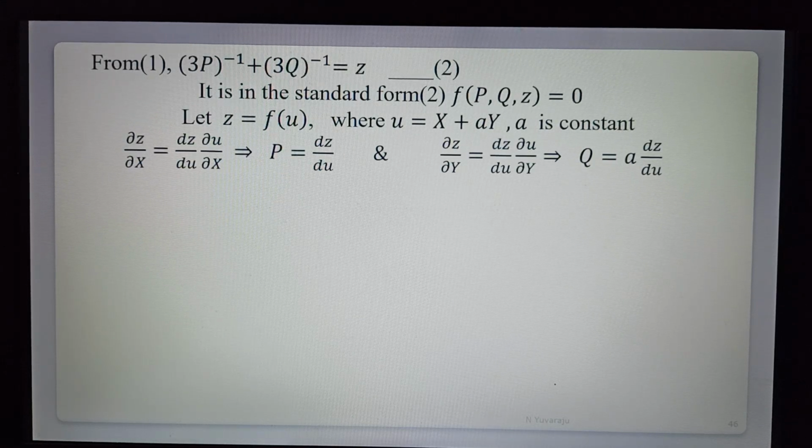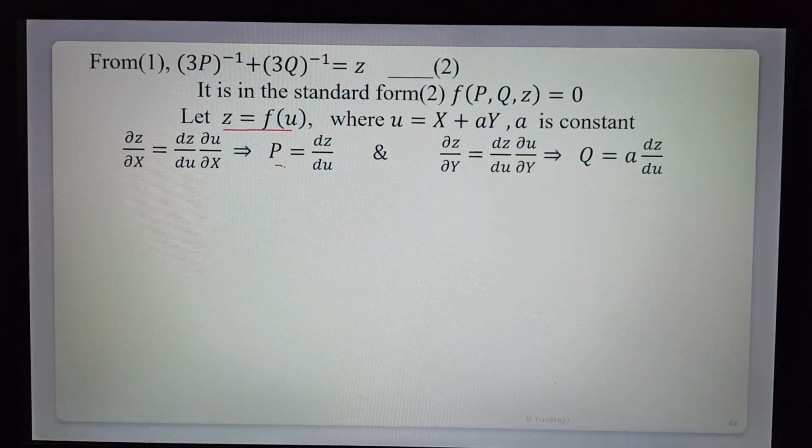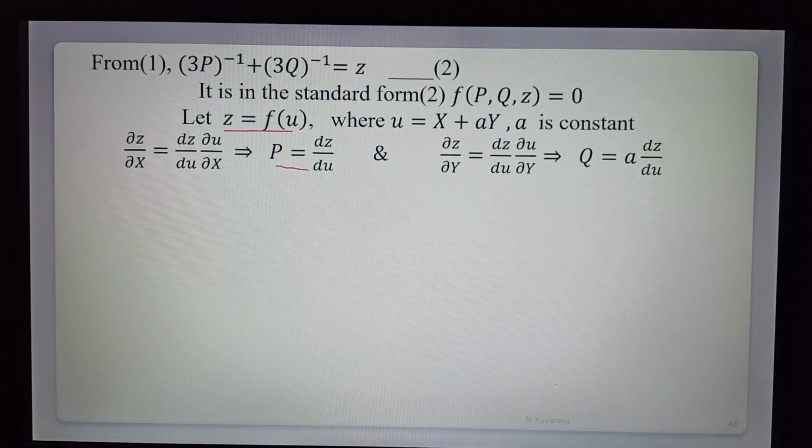Now differentiating z, z is a function of f of u. Differentiating with respect to capital X, dou z by dou capital X is equal to dz by du into dou u by dou capital X, so capital P is equal to dz by du. Similarly dou z by dou y is equal to dz by du into dou u by dou y, so capital Q is equal to a dz by du.